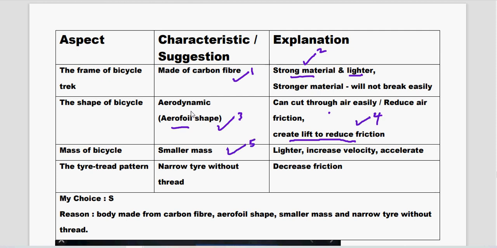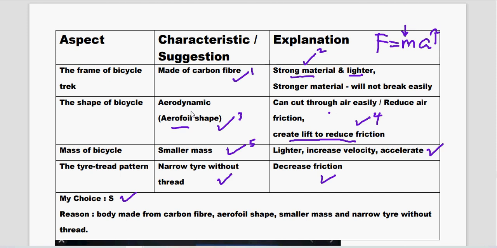Then smaller mass relates to this formula F equals ma. We have repeated this a few times already. So when the mass is smaller, you can write the acceleration is greater, or you can write increased velocity. Then tire without tread, to decrease friction.